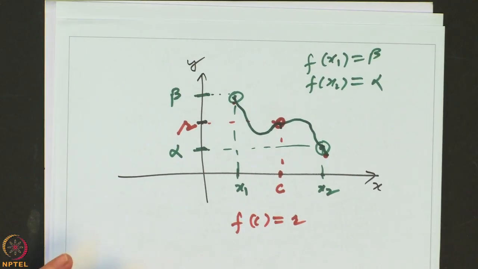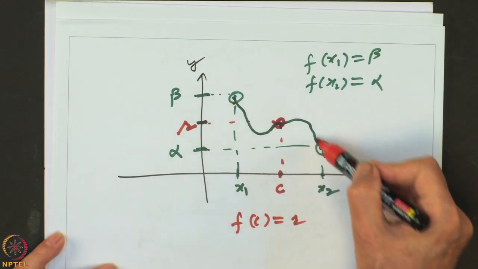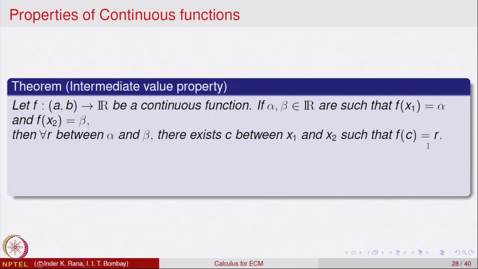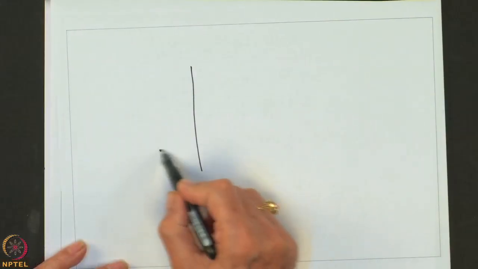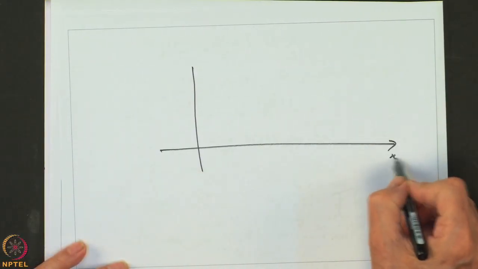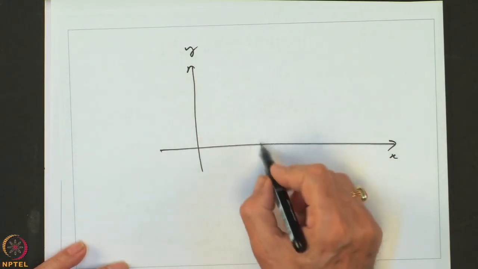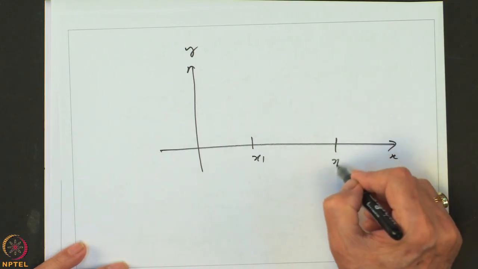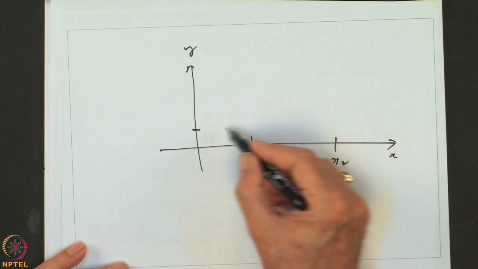Another way of saying the same thing would be the following. Let us say this is the graph of the function. So, another way of understanding this intermediate value property is the following, namely, let us take the same picture. So, this is x, this is y, and this is x1, and this is x2, this is the value alpha.